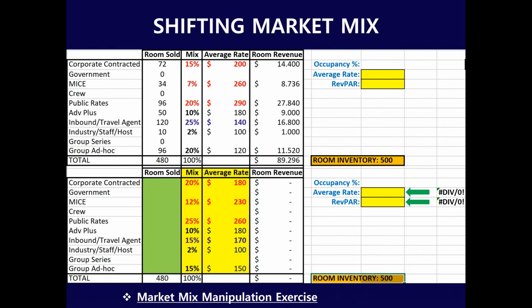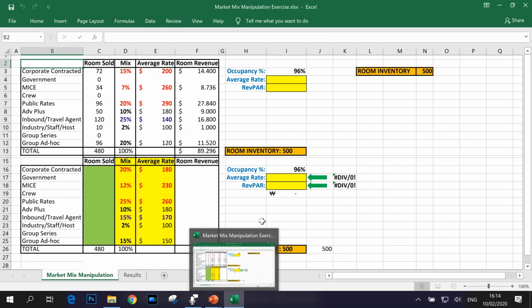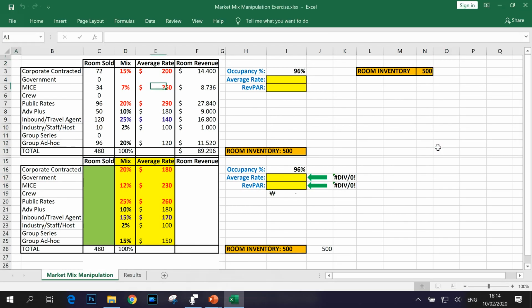Okay, so let's try to do it in an Excel spreadsheet to calculate the impact that we can create by manipulating market mix. Here we have the current situation with room nights sold, percentage of the mix portion, average rate of each market segment, and room revenue contribution from each segment as well.